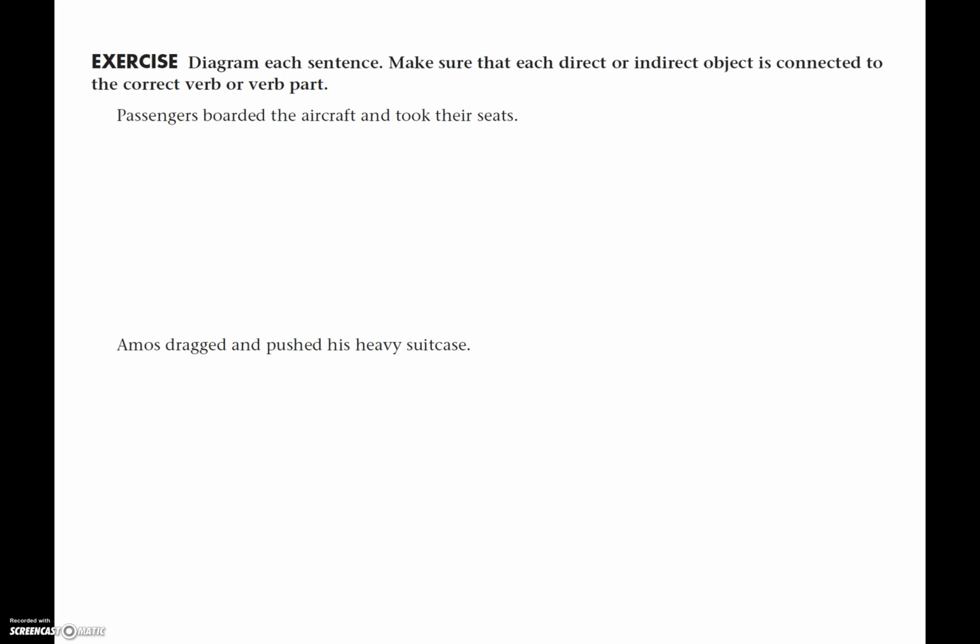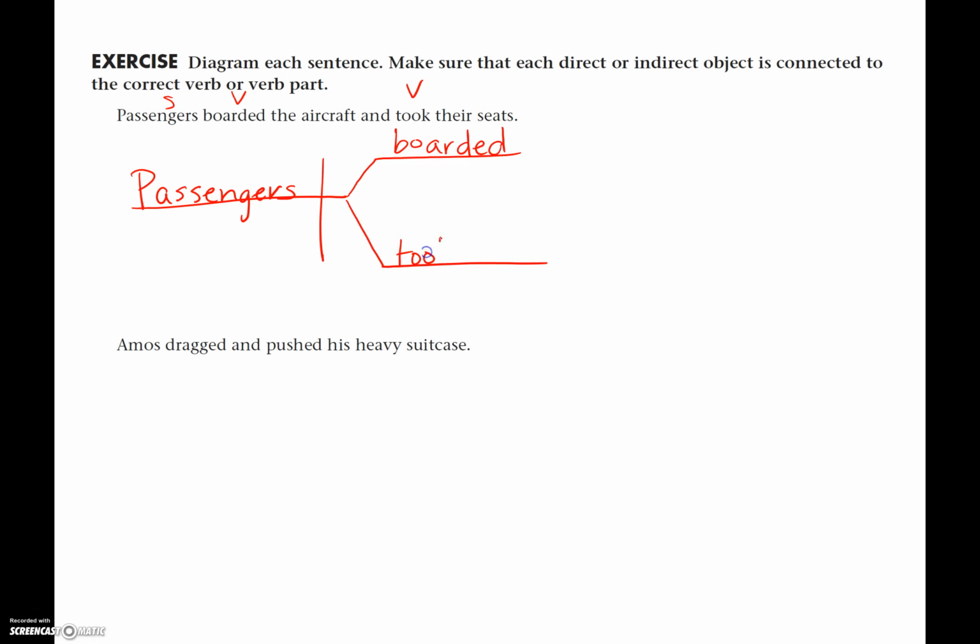In the first one, passengers boarded the aircraft and took their seats. We have the passengers boarding and taking. So when we diagram this one, we are going to need to have that prong going two directions for our predicate. So we need one that says boarded and one that says took. Now they're boarding the aircraft and they're taking seats.